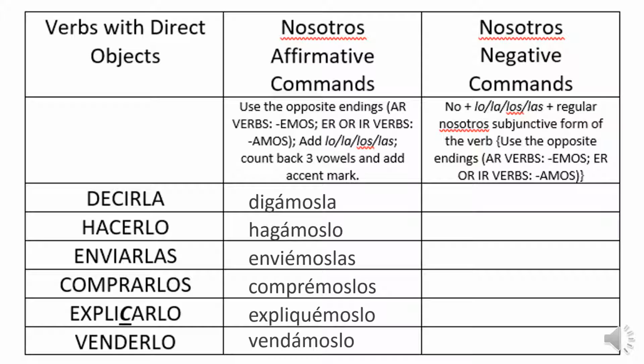The negative command form, we start with no, then we add that pronoun in the middle, that lo, la, los, or las, depending on what the object, what the thing is that we're talking about, and then the regular nosotros subjunctive form of the verb. So, use the opposite endings, AR verbs, EMOS, ER or IR verbs, AMOS.